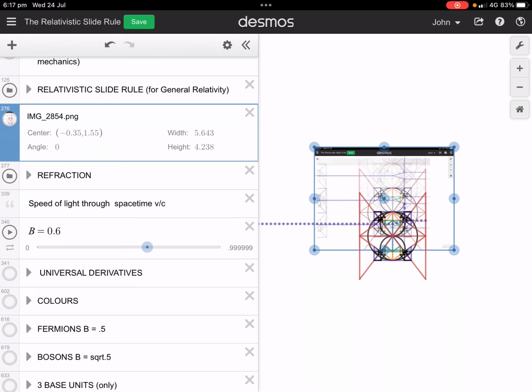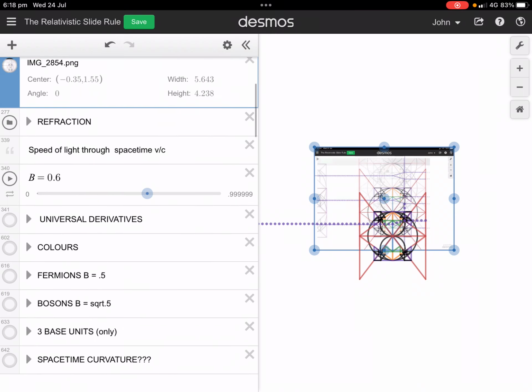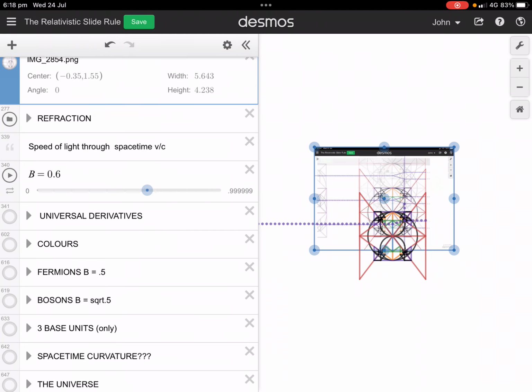Because I had a problem of figuring out whether the photon might go left or right once it gets through the slit. I couldn't decide.